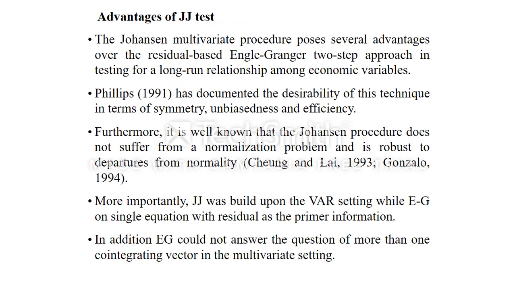The advantage of the JJ test compared to the EG test is that the EG test has two steps, and a number of articles have put forward the advantages of Johansen-Juselius, for example Phillips 1991, Chung and Lai 1993, and Gonzalo 1994. It's built upon VAR. EG is built upon a single equation, so EG has a number of limitations. I have to repeat, single equation.